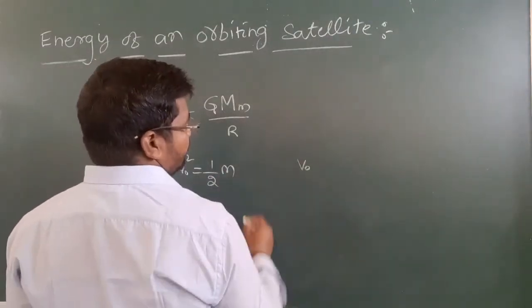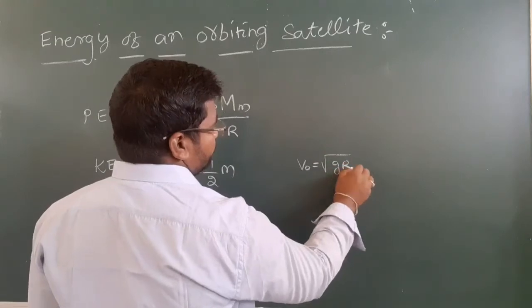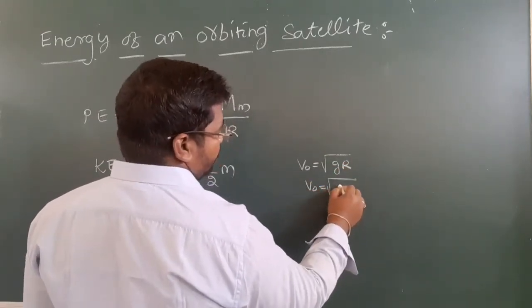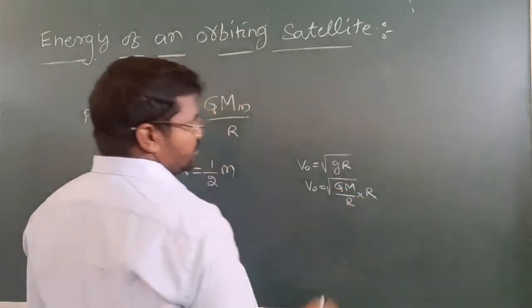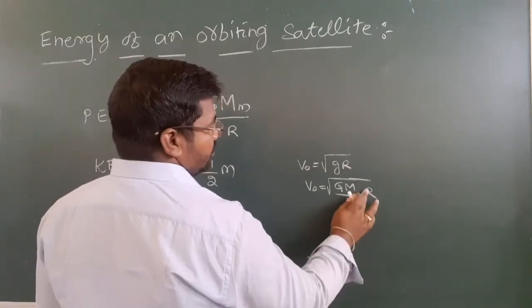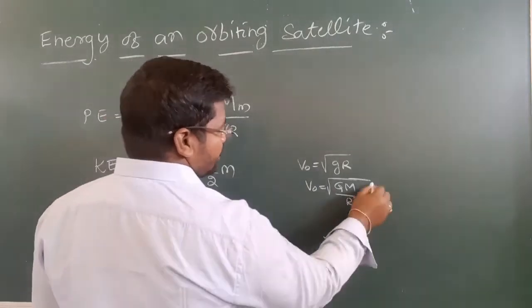v0 is equal to root of gR. That is, v0 is equal to root of GM by R square into R. R square into R, so one R gets cancelled.